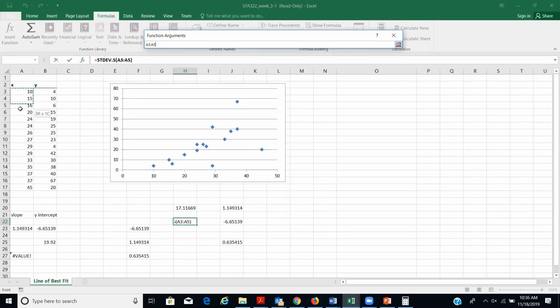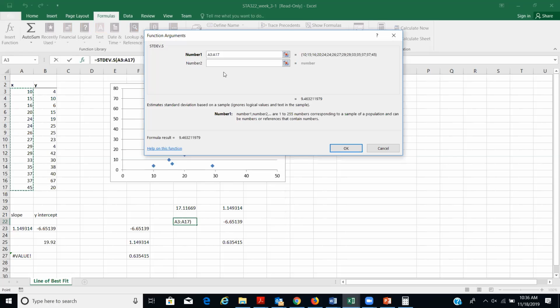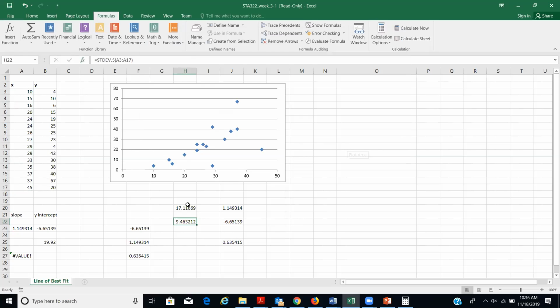But let's do the x's, but it is much narrower in its range. Instead of going from a low of 4 to a high of 67, we're looking at a low of 10 to a high of about 45. So the standard deviation in that narrower range is 9.5.